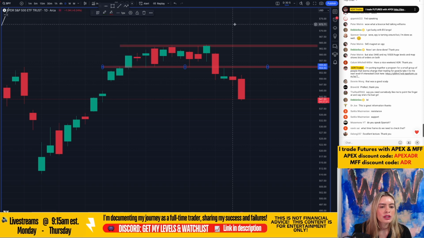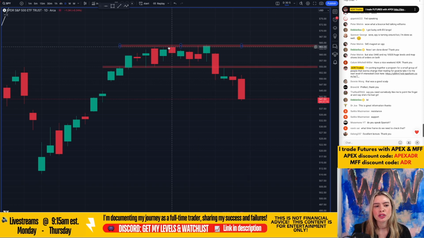Something that I do is I like to put it red if it is resistance, green if it is support. I was thinking of just using gray so I don't have to change colors every time a resistance turns into support, or the other way around, but I like how it looks green and red.